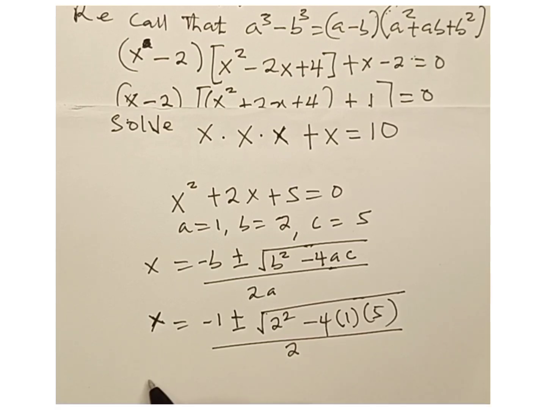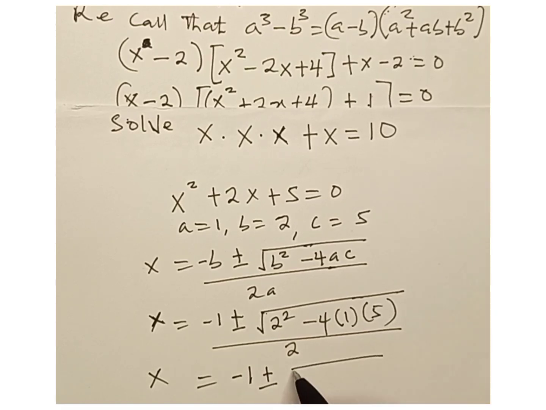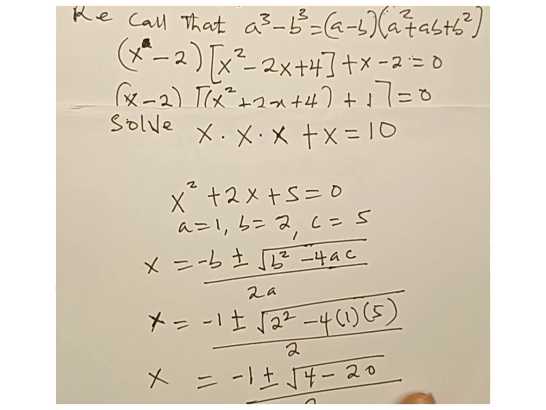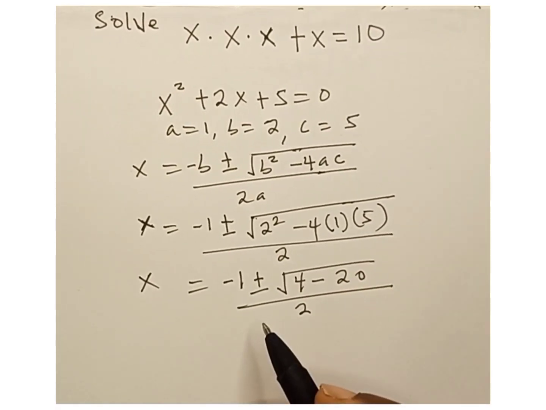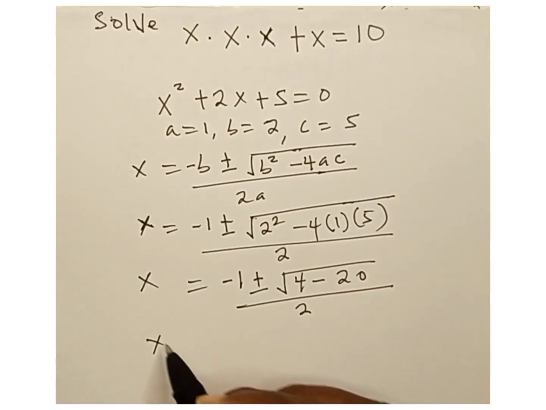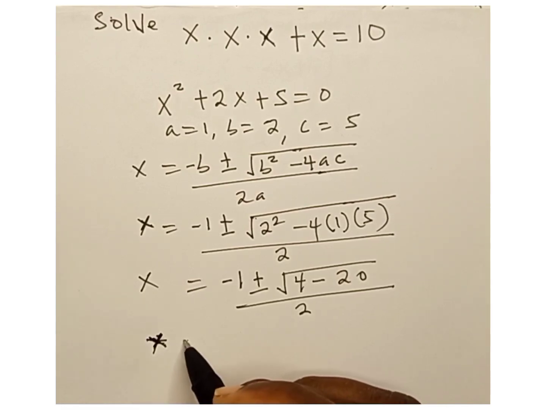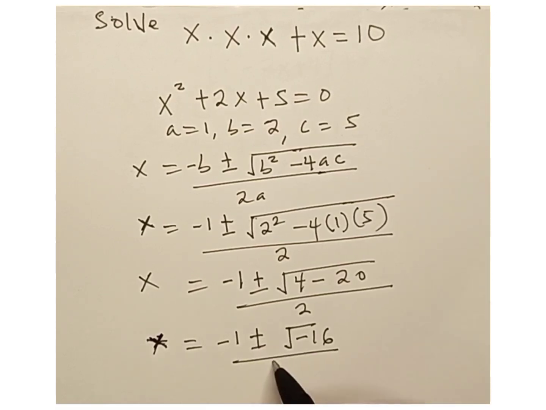So we have x now equals minus 1 plus or minus square root of 4 minus 20 over 2. So x will now be minus 1 plus or minus square root of minus 16 over 2.